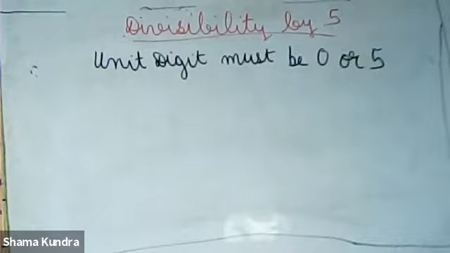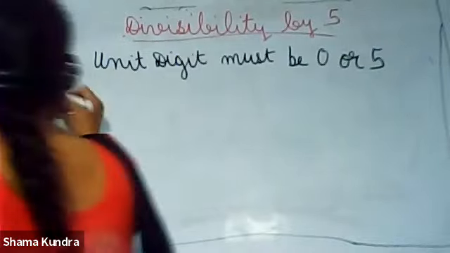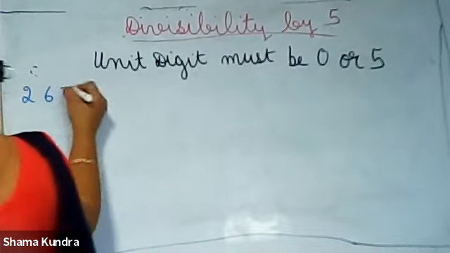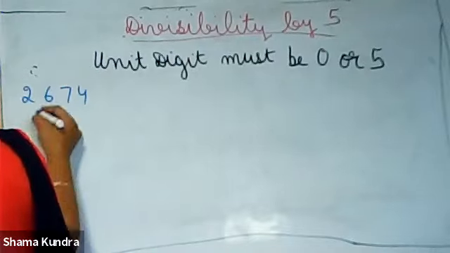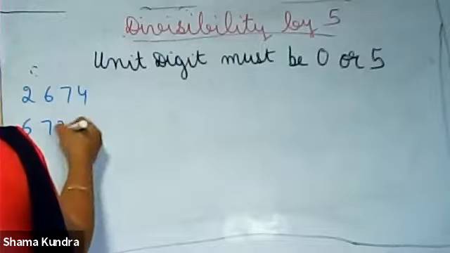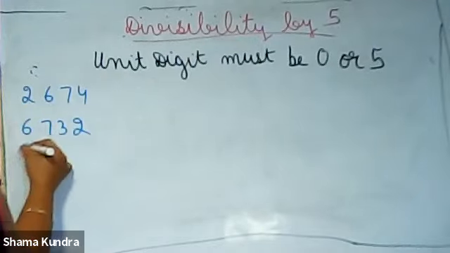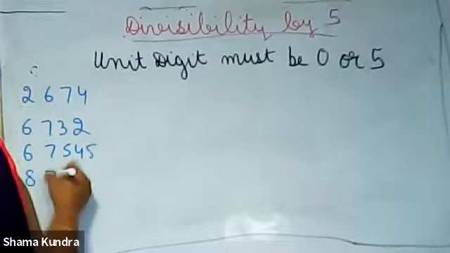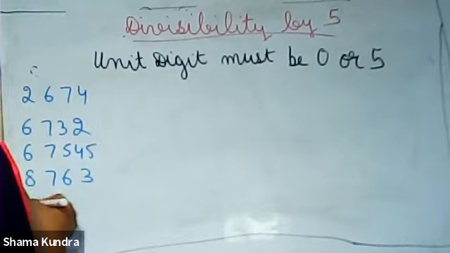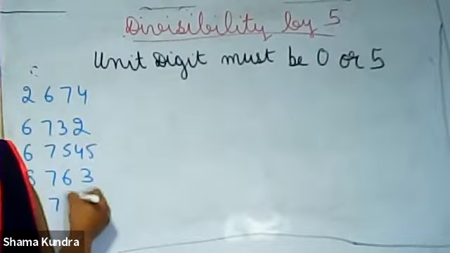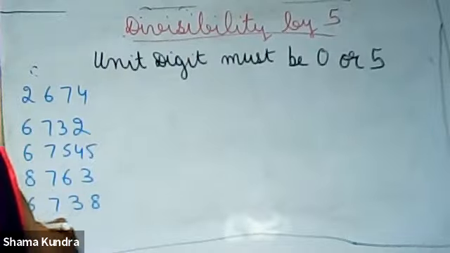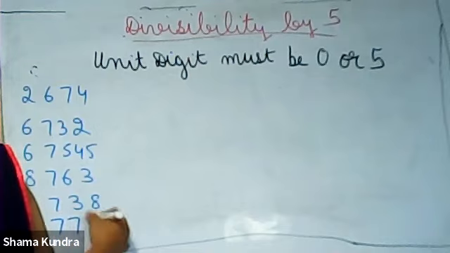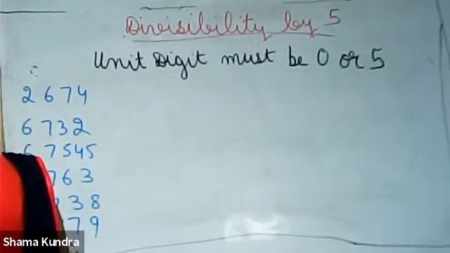For example, 2, 6, 7, 4, 6, 7, 3, 2, 6, 7, 5, 4, 5, 8, 7, 6, 3, 6, 7, 3, 8, 7, 7, 7, 9, and 6, 3, 4, 0.